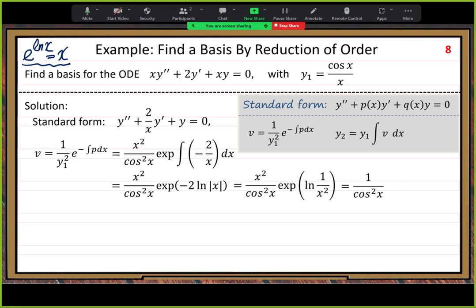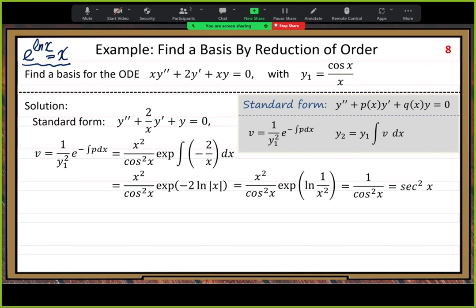So we get 1 over cosine square, that is secant square of x. So our v function, after we simplify it, is a secant square function. So that's the first formula.